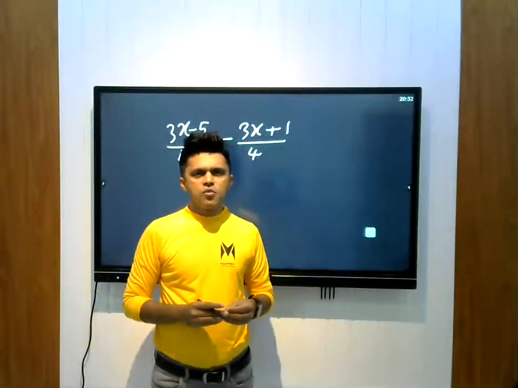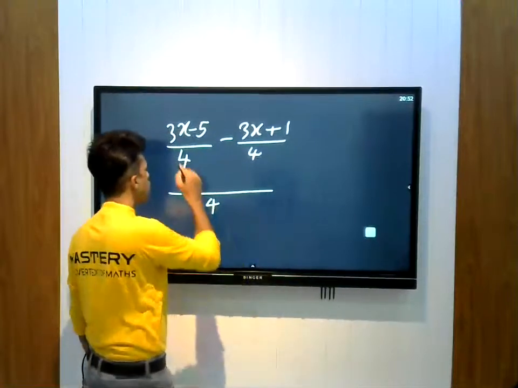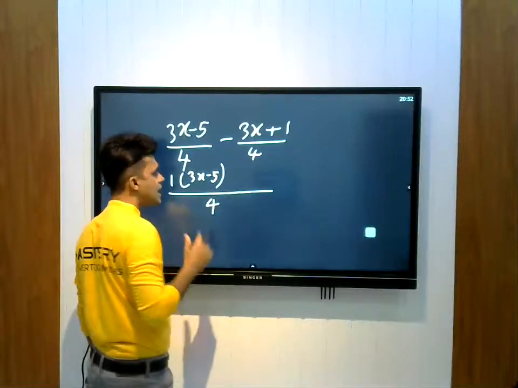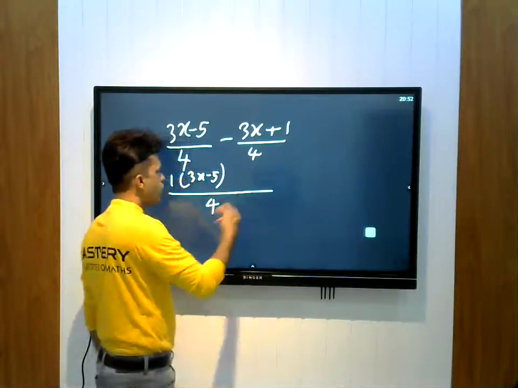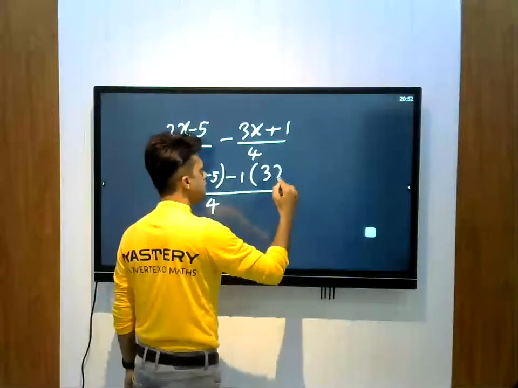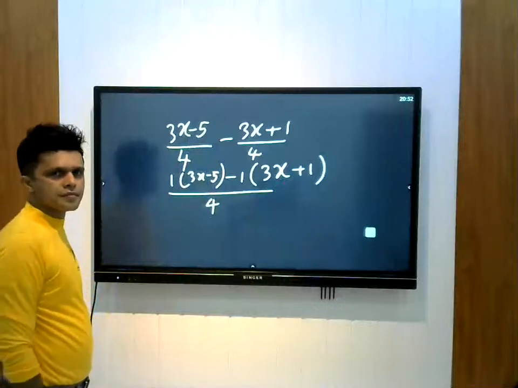How can I do this type of one? Yes, the LCM is 4. 4 over 4 is 1. 1 into 3x minus 5. Then here bear in mind 4 over 4 is 1. 1 into 3x plus 1.